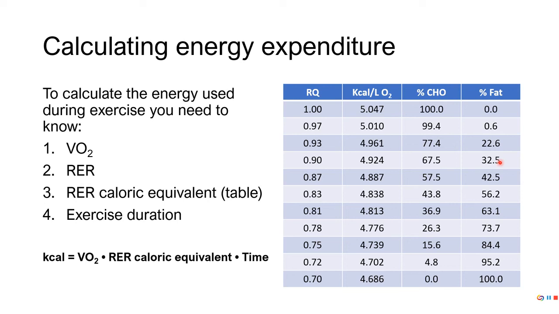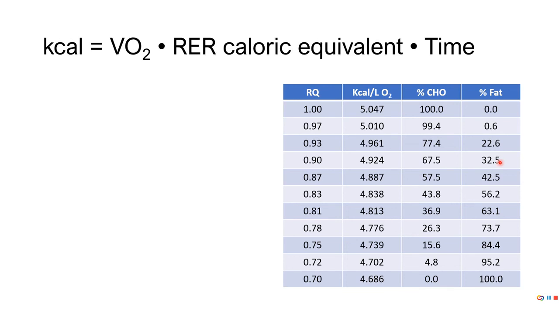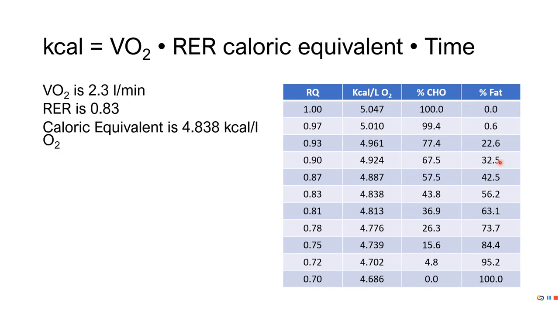So for example, let's say that your VO2 is 2.3 liters of oxygen per minute. Okay. Let's say that your RER is 0.83, and so we go to 0.83, and that's right here, so we know that we're burning 4.838 kilocalories per liter of oxygen. Okay, so you're going for 60 minutes.